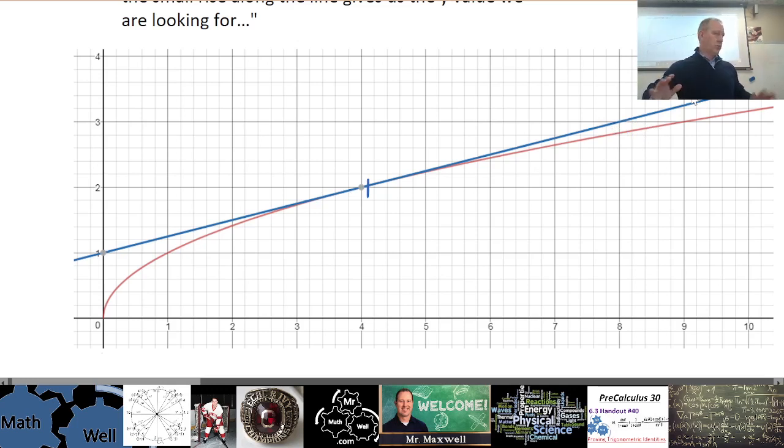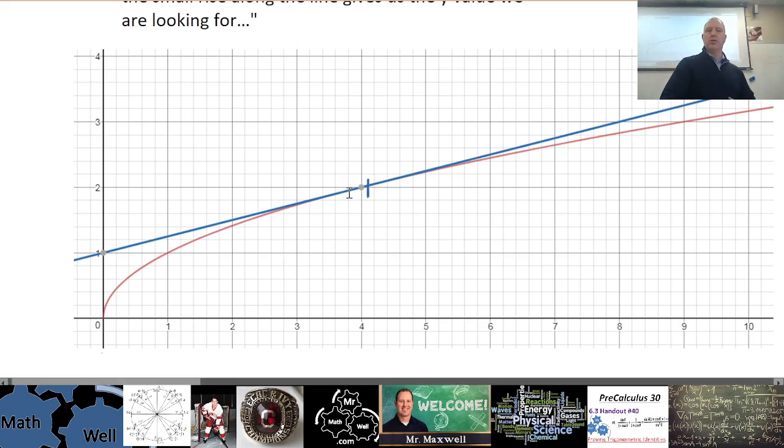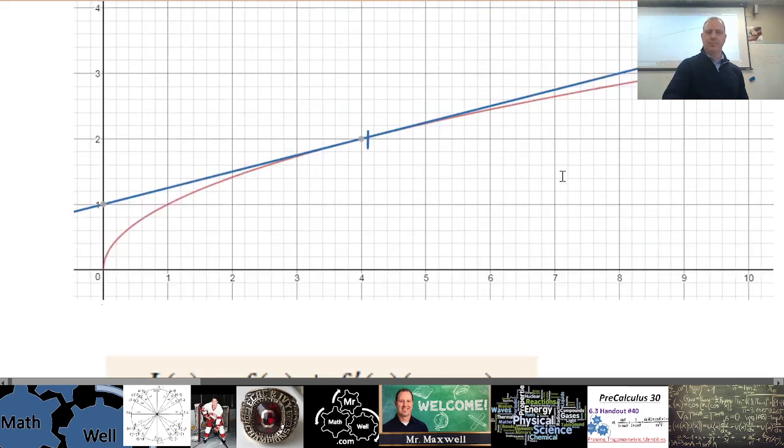There is no sort of point at which the approximation starts to fail, per se. So as long as we keep it close to a point of tangency that is known, then we can approximate this. Okay, so again, you don't have to write this down, but let's say that this is a point that's known. The red graph here is y equals root x, and this is an example we're going to do pretty soon.